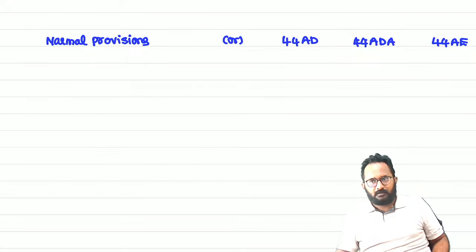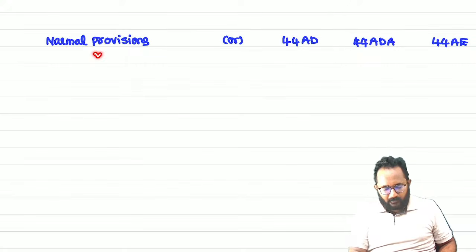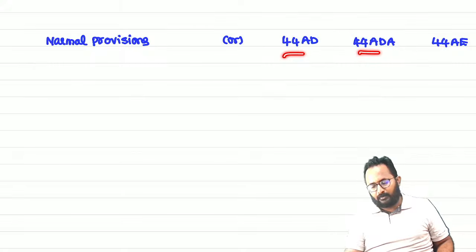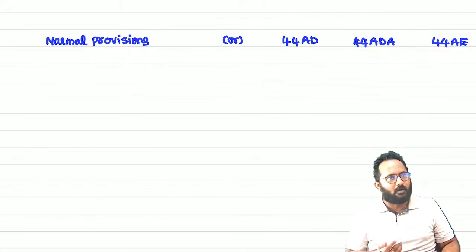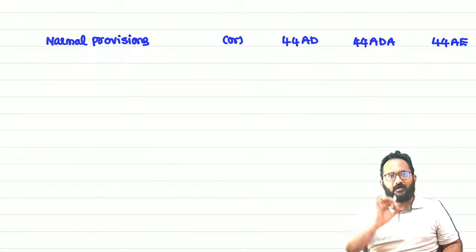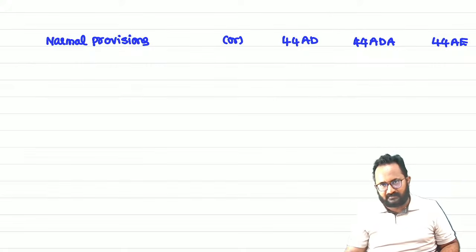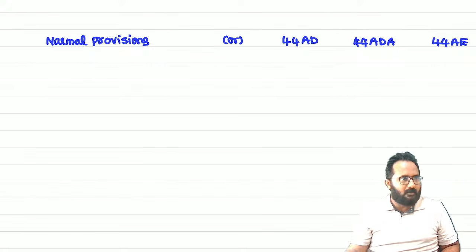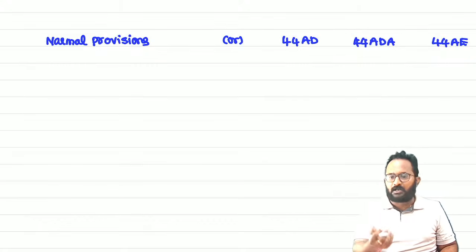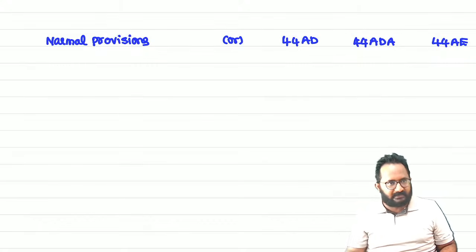Anything you can follow. In general, I can follow normal provisions, or if any presumptive taxation provisions are applicable, I can follow them for declaring income, not payment of tax. Tax computation is normal. For declaring the income, you can follow the normal provisions or presumptive taxation provisions.